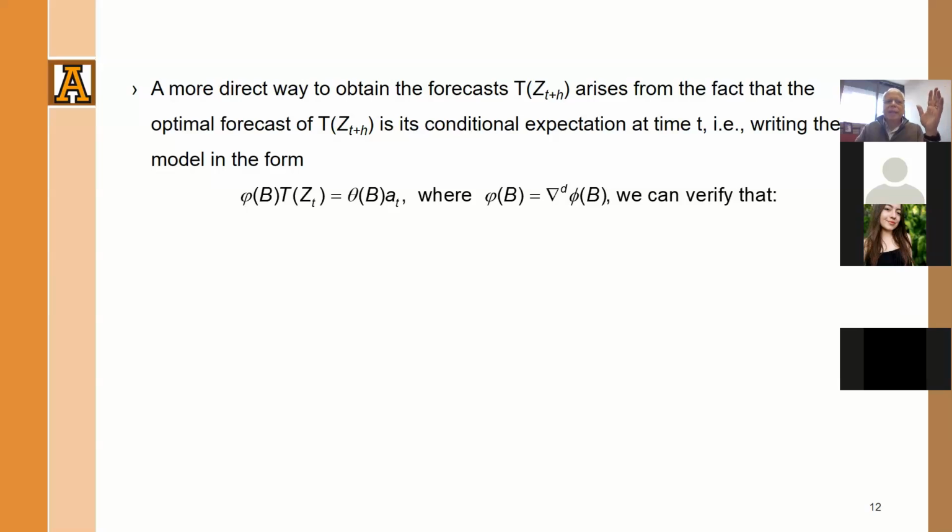Now, if we have the model of this form, I changed the phi for this other phi, because we're working now with T of Z_t, the transformed version of Z_t. That's phi(B) T(Z_t) equals theta(B) a_t, and phi(B) is now the dth difference of phi(B).